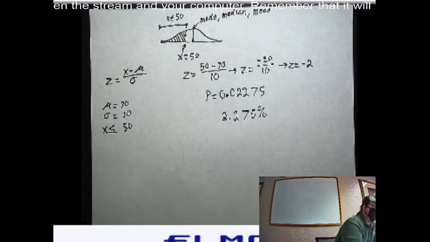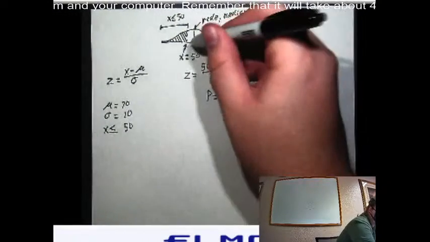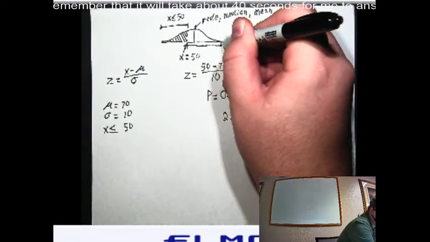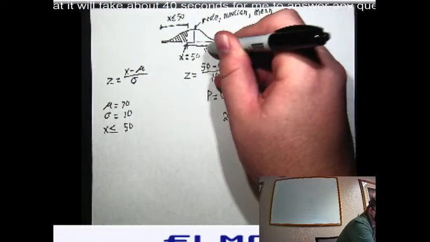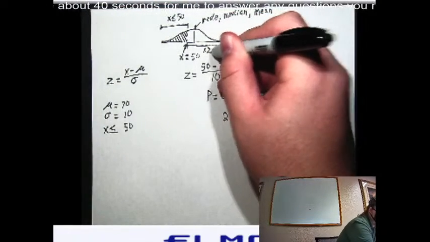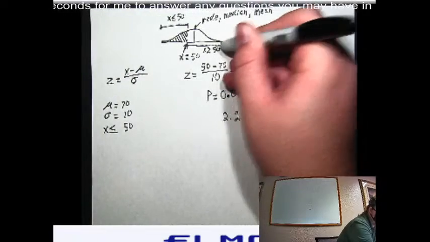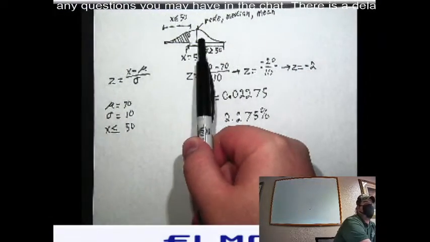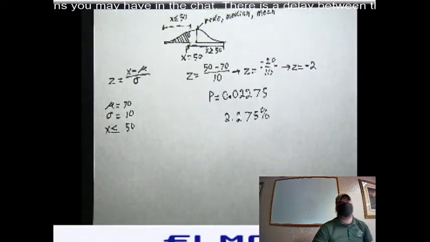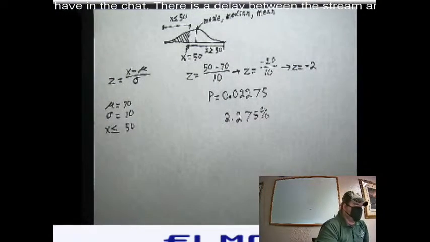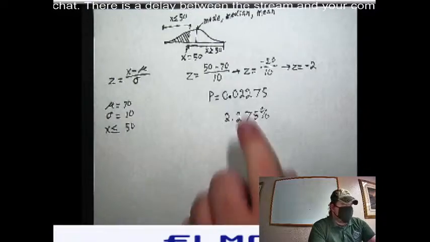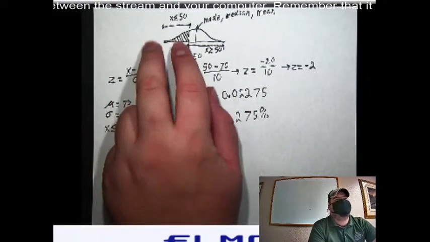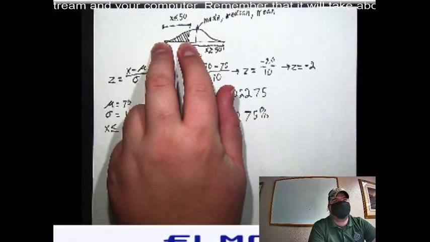So let's say that we want to know also this part, which is x is greater than or equal to 50. So again, this part is x is less than or equal to 50. This part is greater than or equal to 50. Well, all we really need is this probability that we've already gotten, because this tells us the amount of data that is back here.